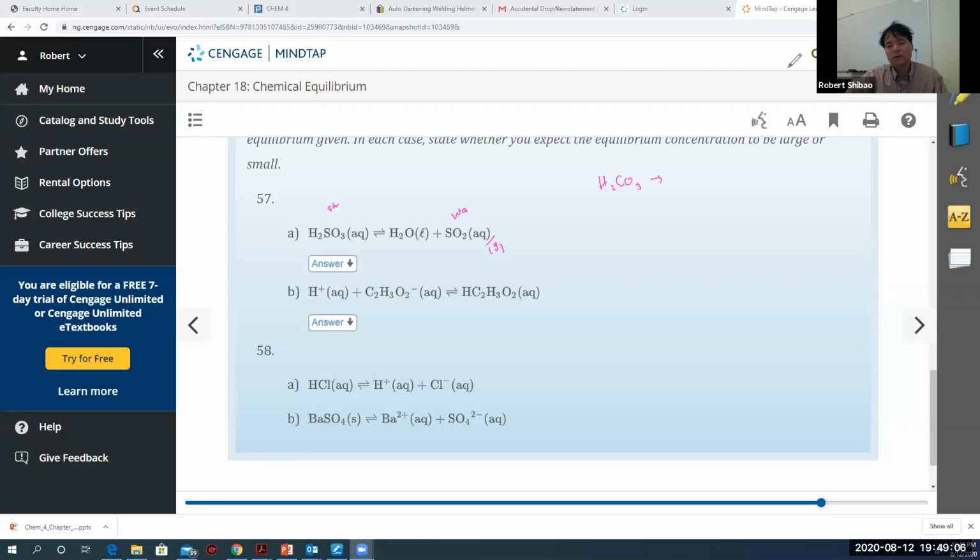And one of the connections is this. There's another way of thinking about these driving forces, and that is going from a stronger electrolyte to a weaker electrolyte. That's another driving force that we see as well.